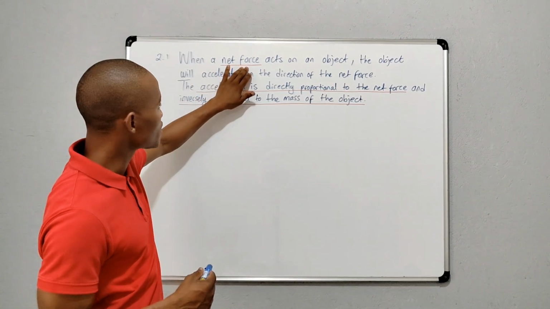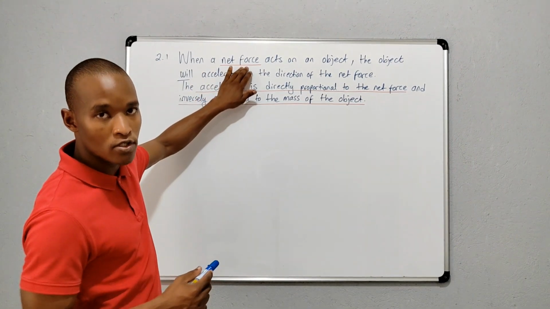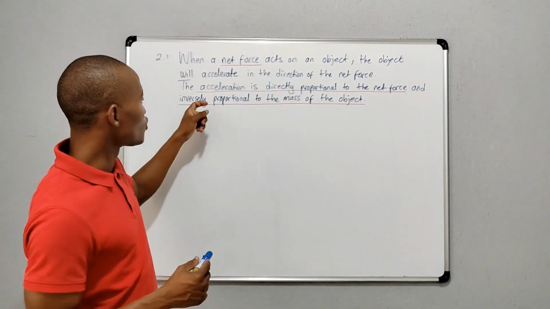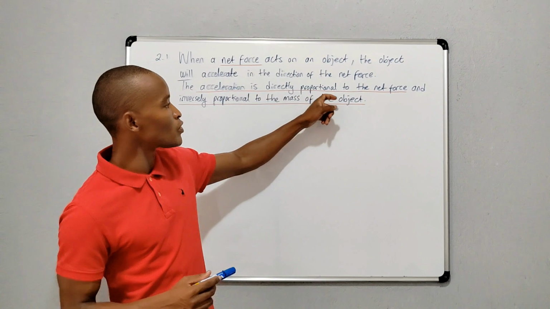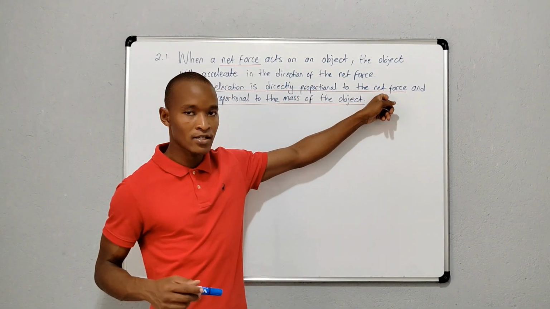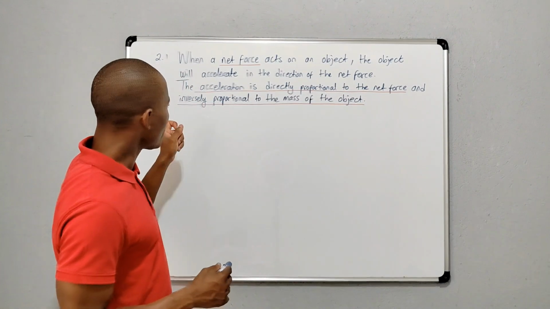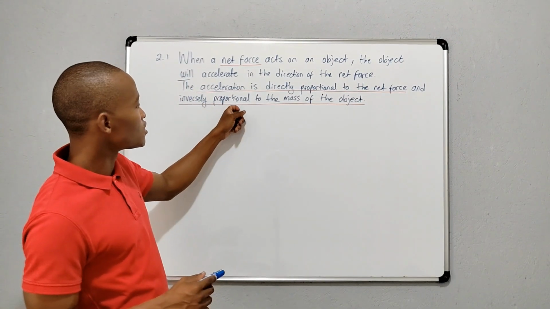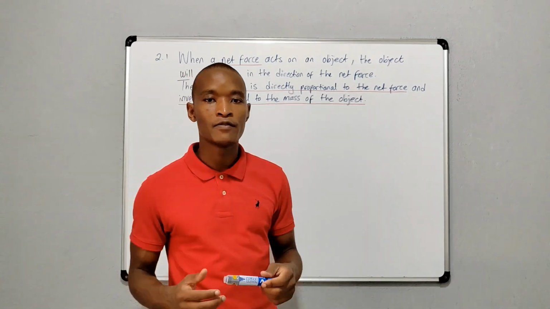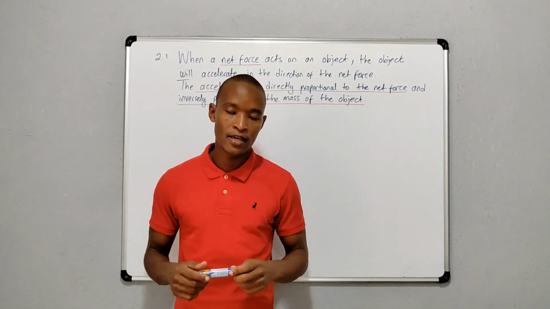Net force, you can't just say force. That is not specific. And also you must talk about the direct proportionality of acceleration and the net force that acts on the object, as well as the inverse proportionality of the acceleration and the mass of the object. If you do that, you'll definitely get full marks.